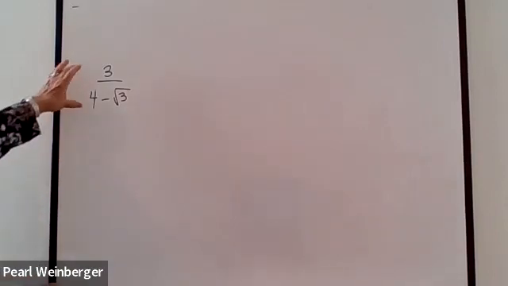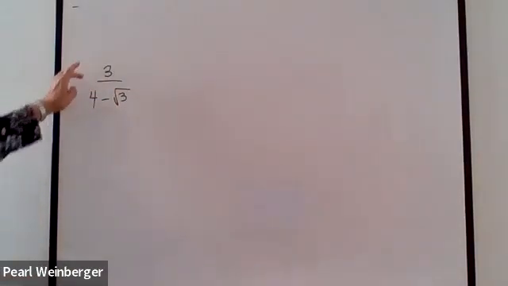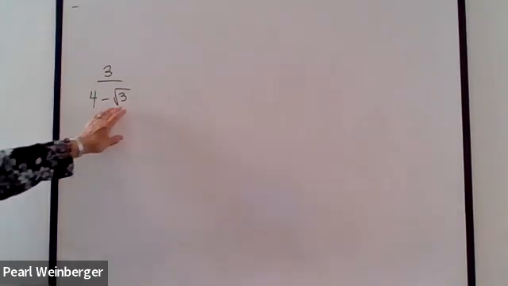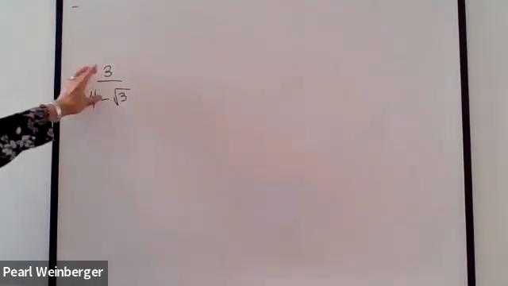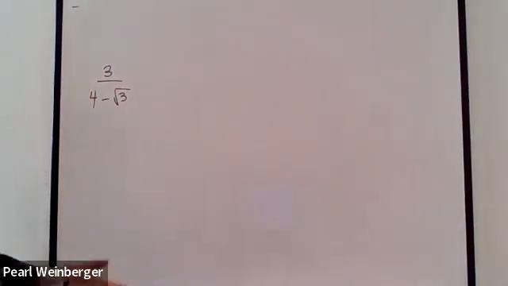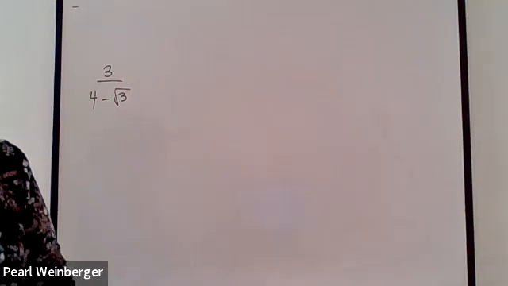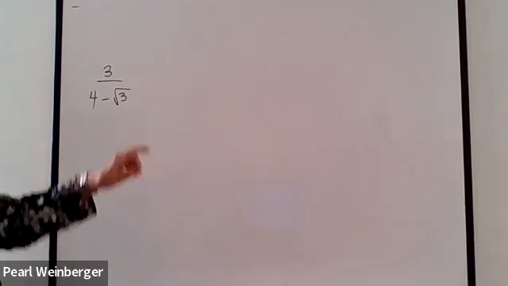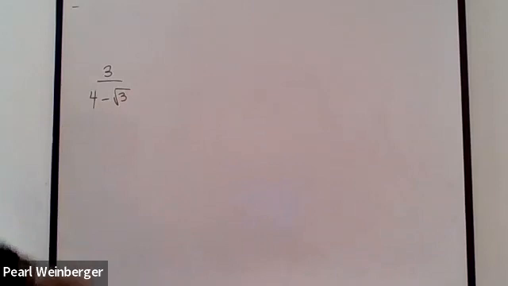But the problem, and I can't simplify anything, because first of all, I can't combine the 4 and the radical 3. This is outside, this is inside, they're not like radicals. I can't simplify it. But when it says simplify, I have to, because there's a radical in that denominator. The square root of 3 is causing me problems.